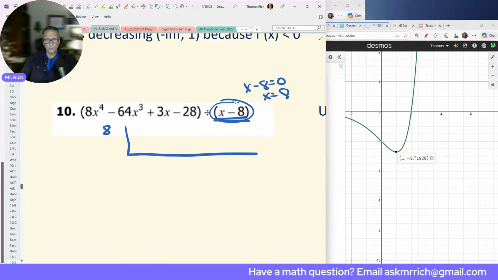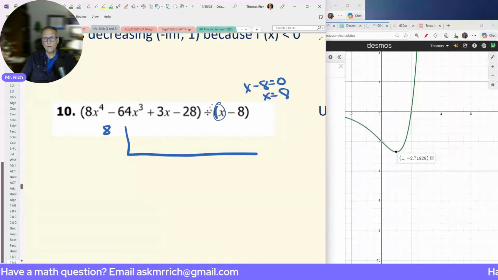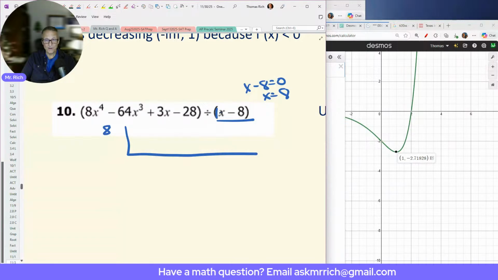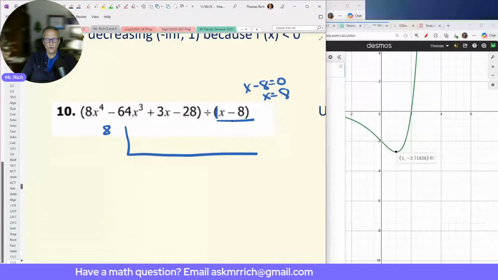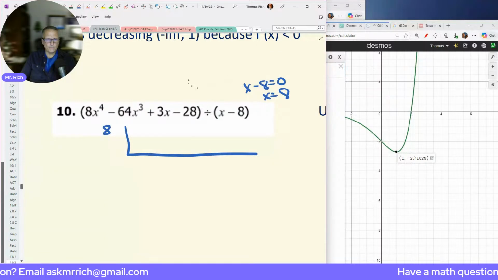In fact, I don't recommend doing synthetic division unless it is a binomial with a coefficient of 1 in front of the x term. If it's something other than that, I would use long division. Okay, so anyways, what do we do?